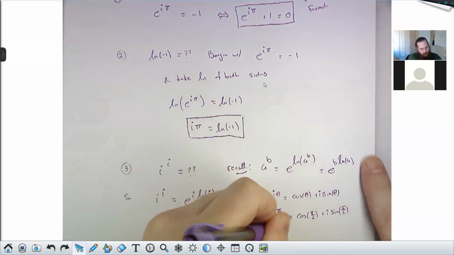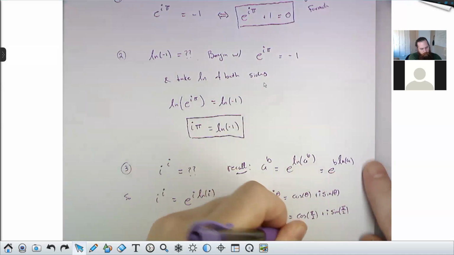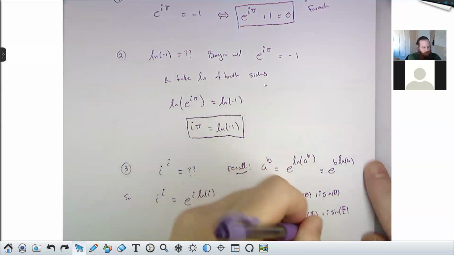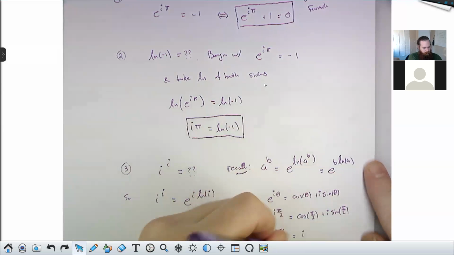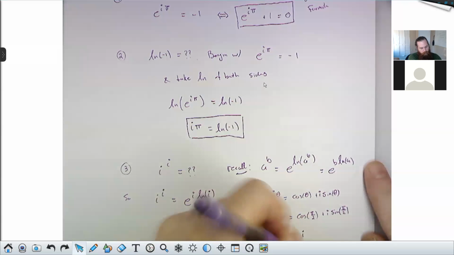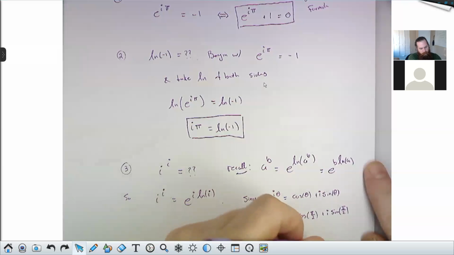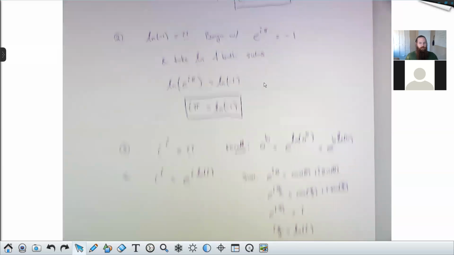So e to the i pi over 2, cos of pi over 2 is 0, sine of pi over 2 is 1, is i, which means that i pi over 2 is equal to the natural log of i. Take natural logs on both sides again.